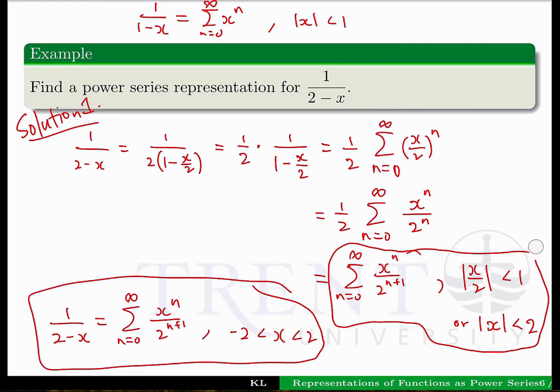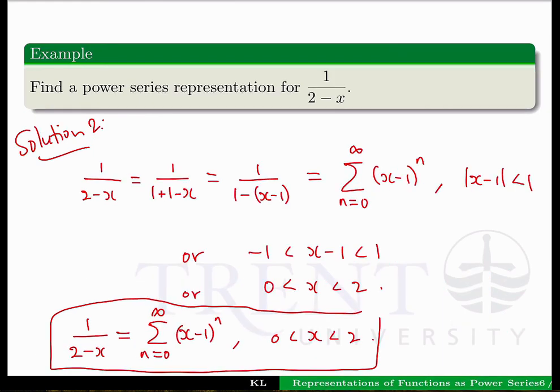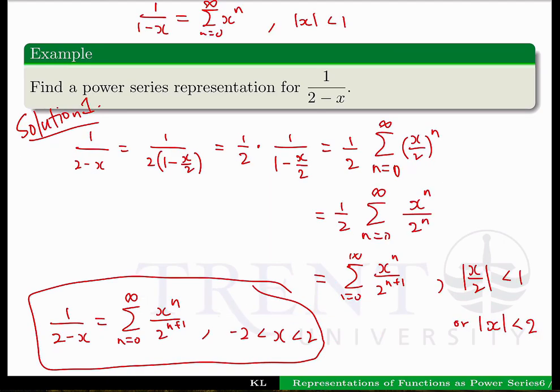So what does this mean? Are they both correct? Well, the answer is yes. They are both power series representations of 1 over 2 minus x, because nothing's violated with what we did. But if you observe this one, the center is at 0.